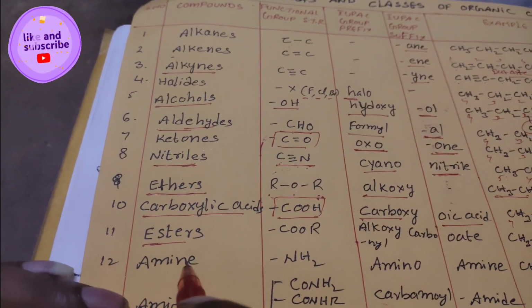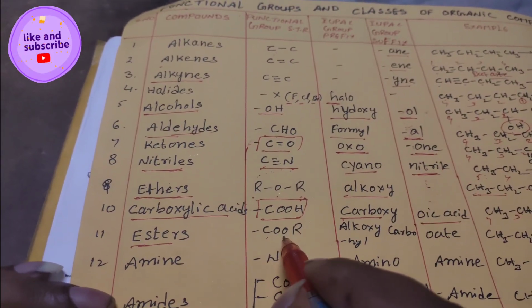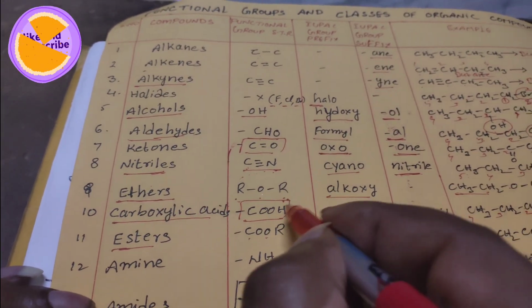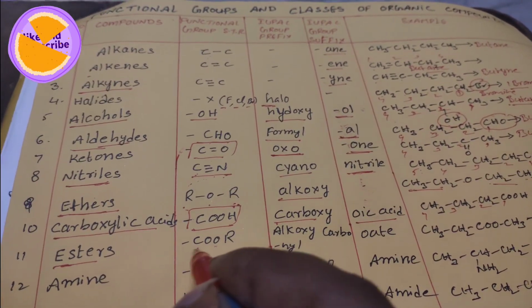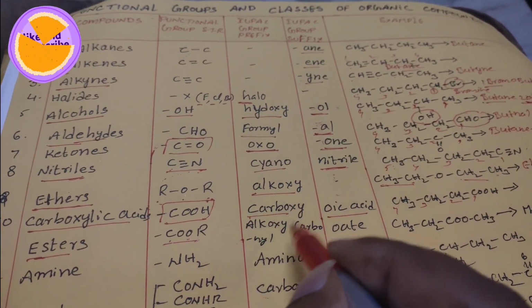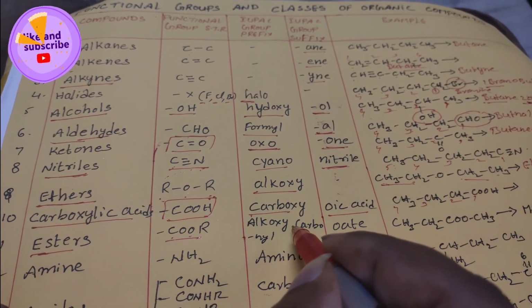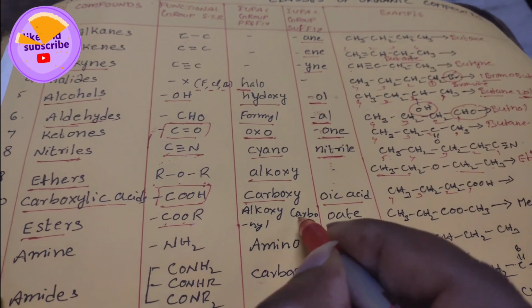So what is the ester? If in the given compound a COOR group is present, in place of a hydrogen one methyl group may be added, that is the ester functional group. And the IUPAC name for the ester functional group, when present as a prefix, is alkoxycarbonyl.